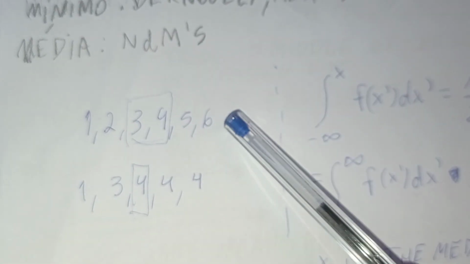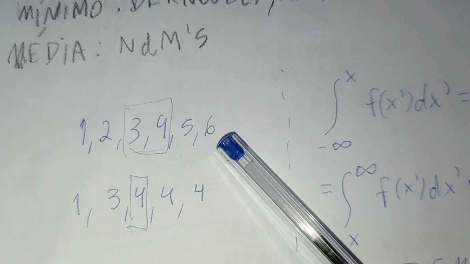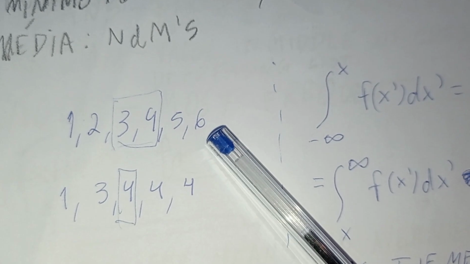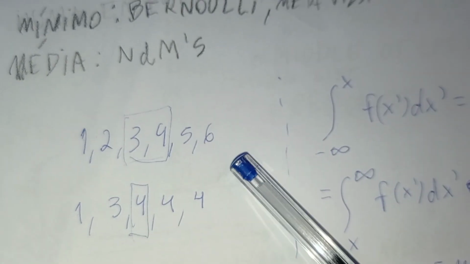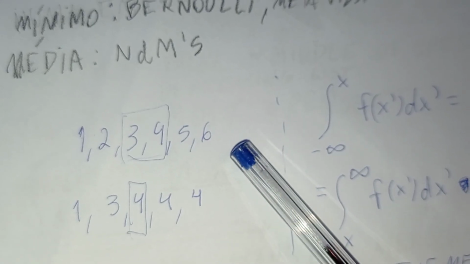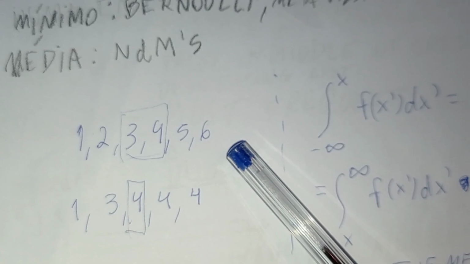So let's say there was a 100 in this list, and let's say this list was a lot bigger on both sides, and this 100 is the only number that is a lot different than the others.